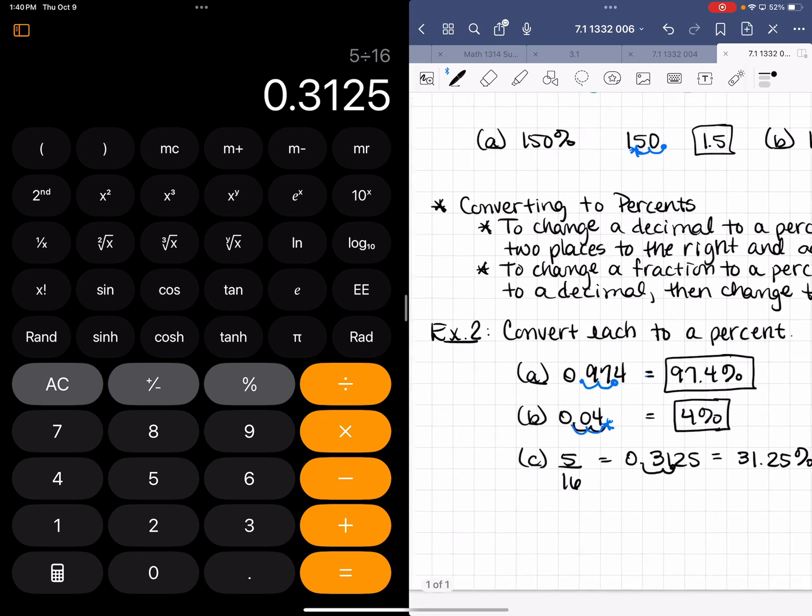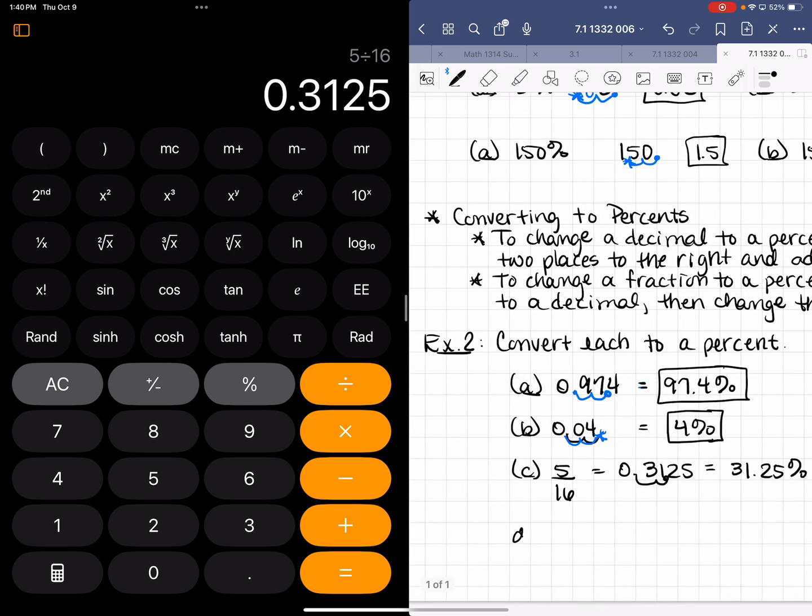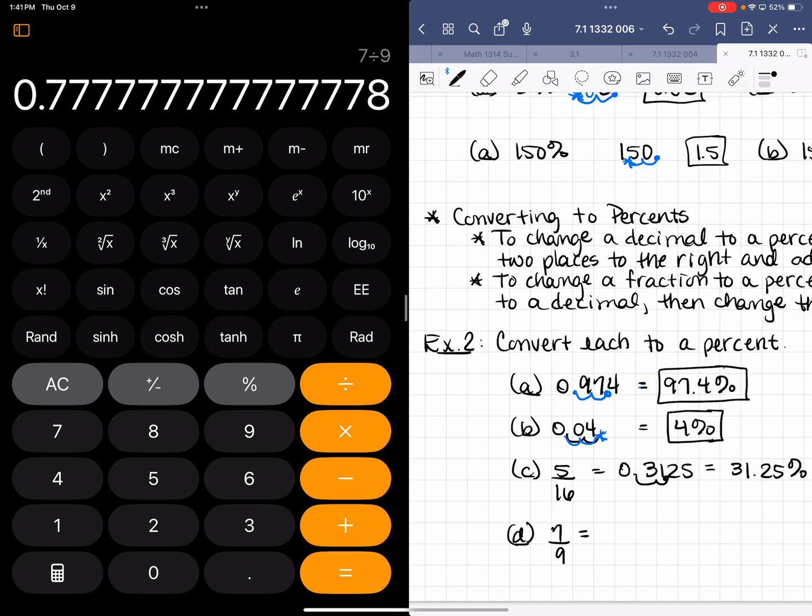And D. Last one is D, last one on this page. We have 7/9. And it equals, we got to find out what that equals first. We need to convert that to a decimal. So I've got 7 divided by 9. And that pretty much gives me 0.7 repeating, guys.